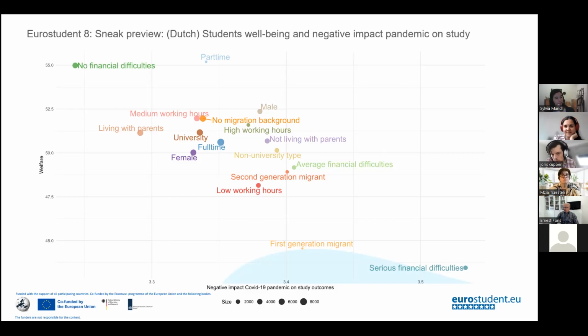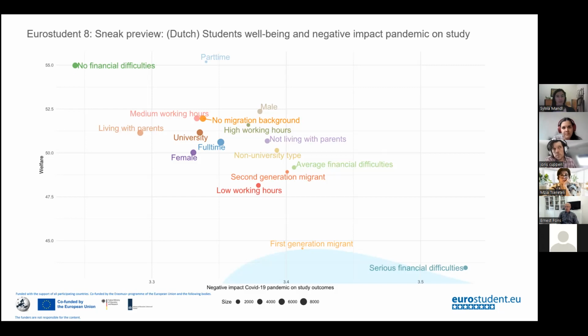What you see here are the mean scores for different student groups. The score on the x-axis is called negative impact COVID-19 pandemic on study outcomes.